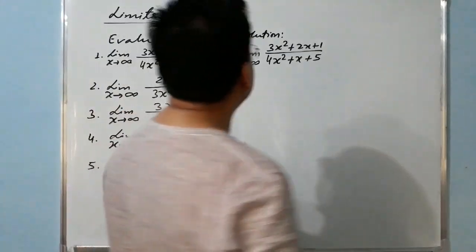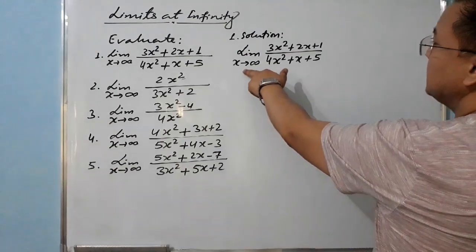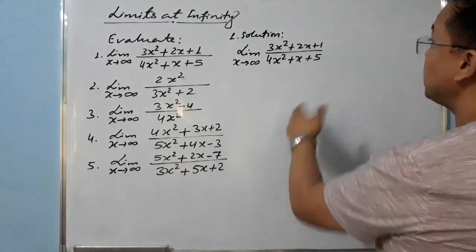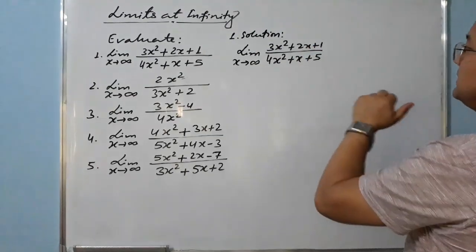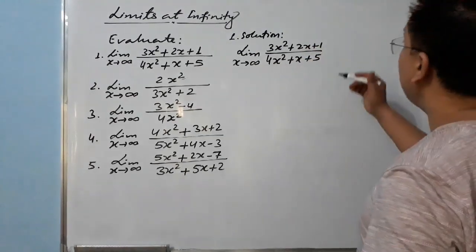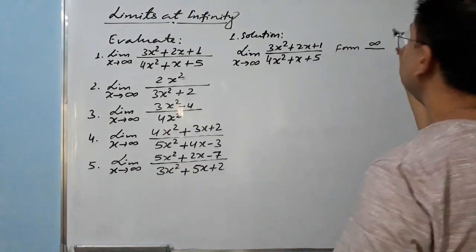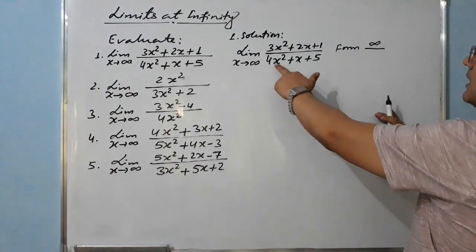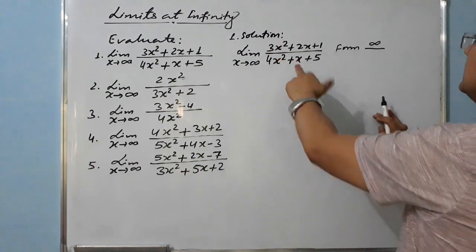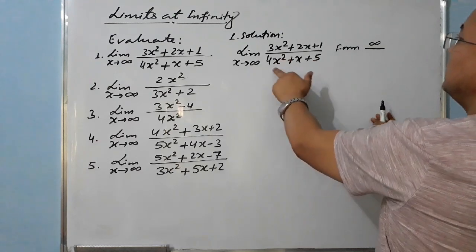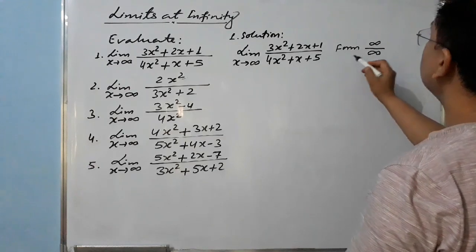If you substitute directly, 3x² tends to infinity, 2x tends to infinity, and plus 1 means infinity. So in the numerator we are getting infinity. In the denominator, as x tends to infinity, 4x² tends to infinity, x also tends to infinity, infinity plus 5, so again infinity.